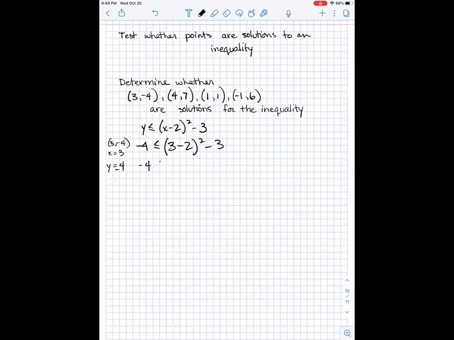So -4 is less than or equal to 1 squared minus 3. So -4 is less than or equal to -2. Is that true or is that false? -4 is less than or equal to -2. This is true, which means 3, -4 is a solution.